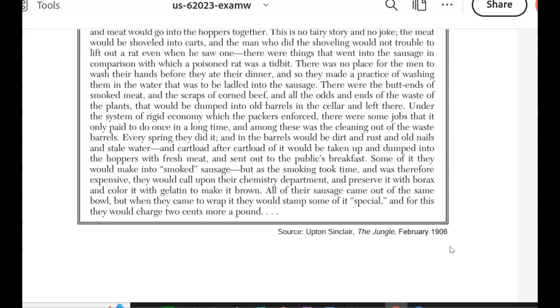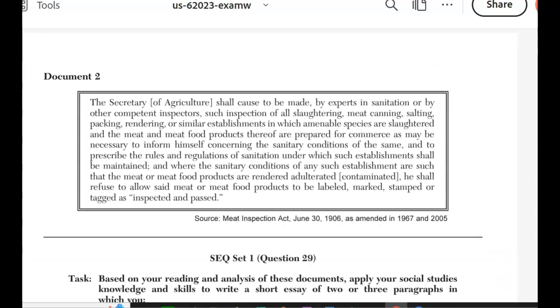Politicians, under pressure to do something to clean up this industry that everybody in America was buying meat from, passed this law as the effect of that to start, for the first time, the federal government inspecting the food processing system and certifying, marking, stamping, tagging food as being safe, inspected, and clean.